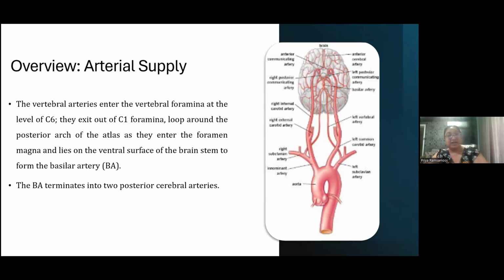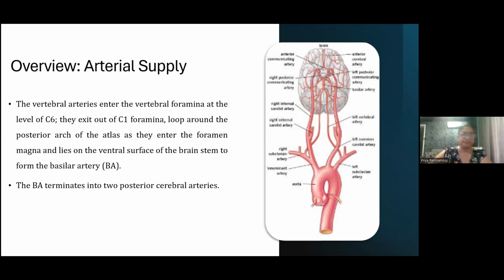And then the vertebral arteries, which we mentioned before, enter the vertebral foramina at the level of C6, then exit out of the C1 foramina, loop around the posterior arch of the atlas as they enter the foramen magna, and run on the ventral surface of the brainstem to form the basilar artery.